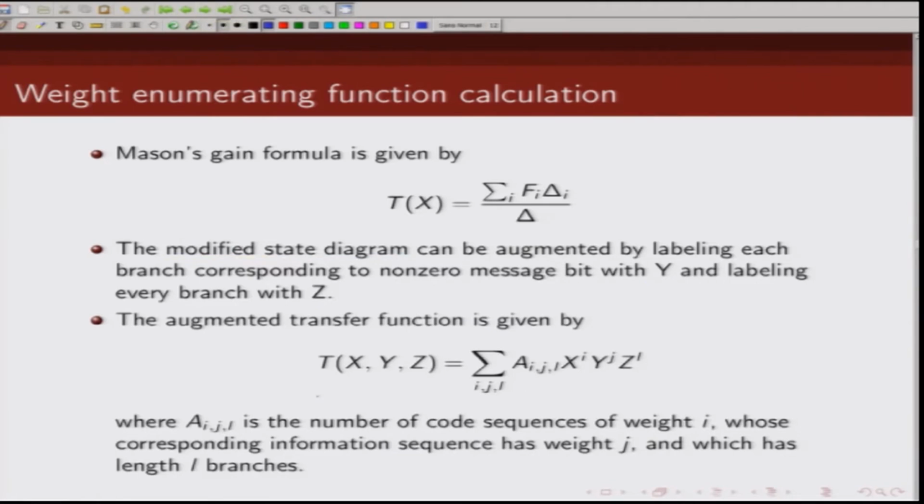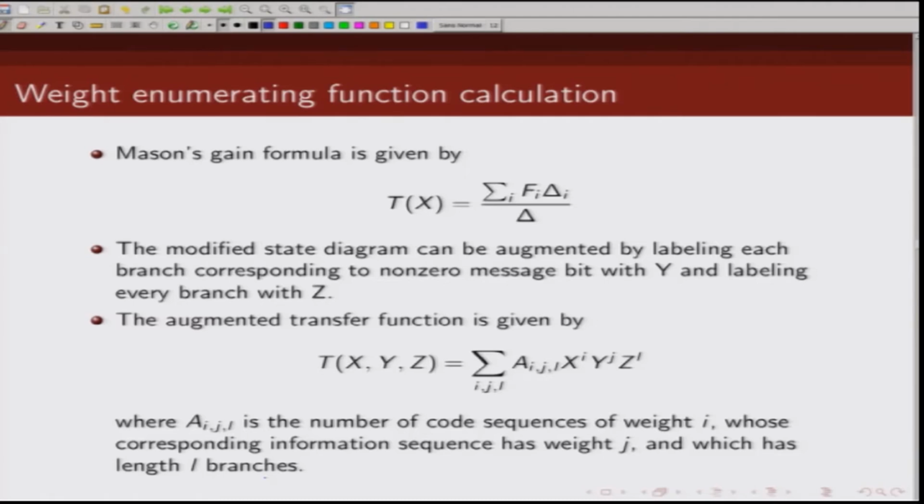So, we can then similarly define an augmented transfer function, which will not only tell us the code word weight, but also what input weight results in that particular output weight, and also the length of that particular code word.